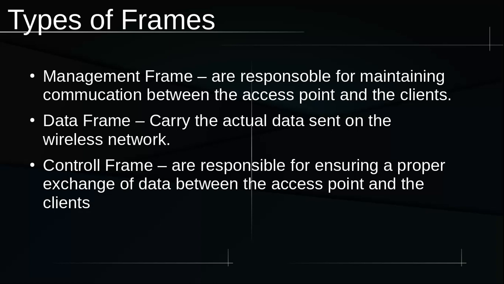So as we said, we will be passively listening to Wi-Fi traffic without being associated with any network. In order to achieve that, we need to set our wireless card into monitor mode. So the first thing that I will do is open my terminal.